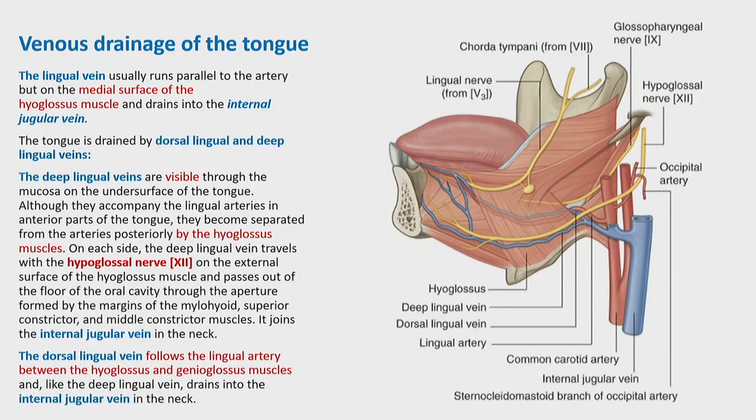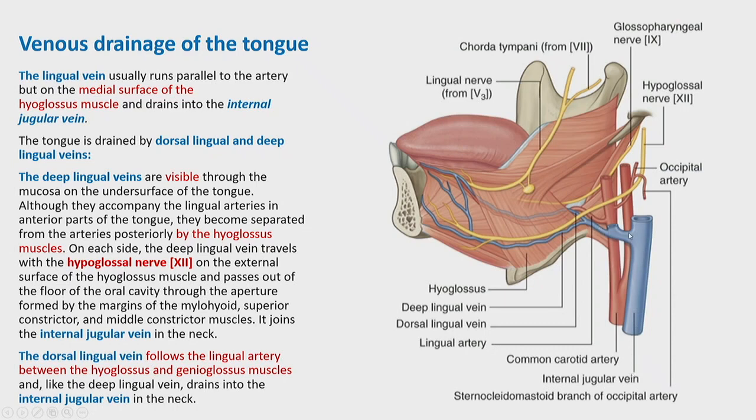The venous drainage has, more or less, the same names that you have for the artery, but a little bit different. Of course, we had the lingual artery and we have the lingual vein. This lingual vein drains to the main vein of the neck region, which is called the internal jugular vein.